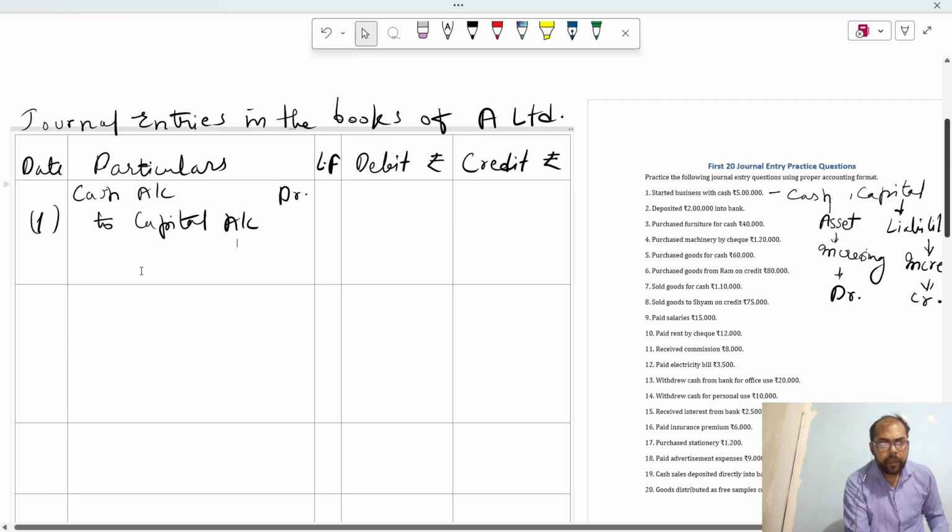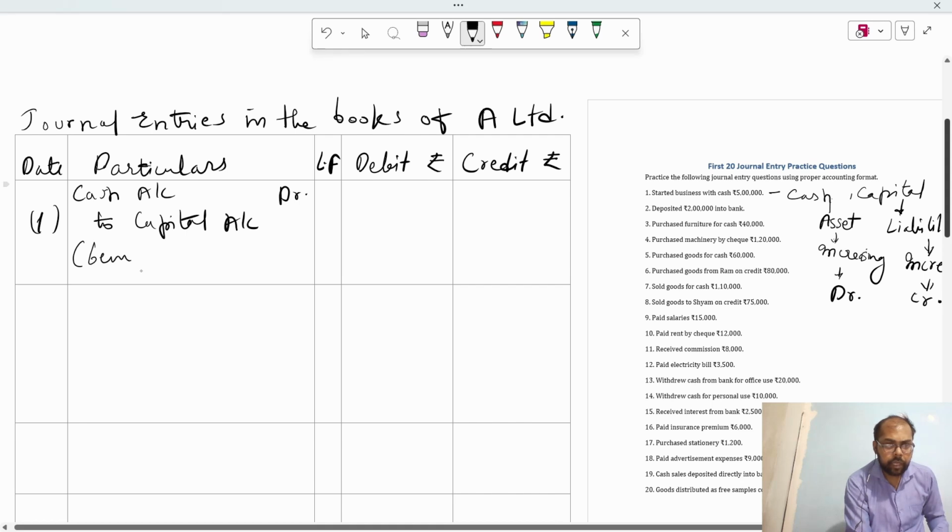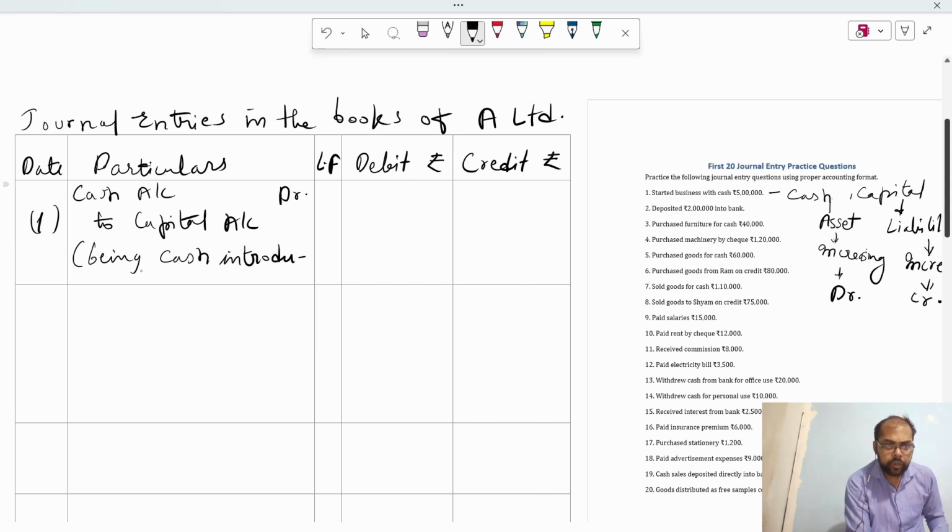All right. So cash account debit to capital account. And one more thing, we do narration here. Being cash introduced.